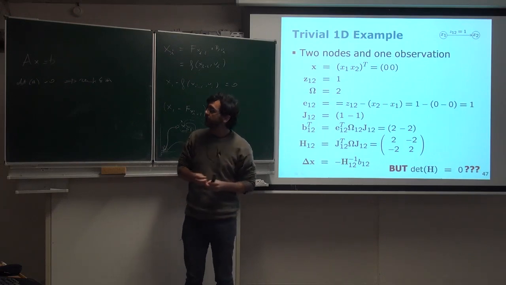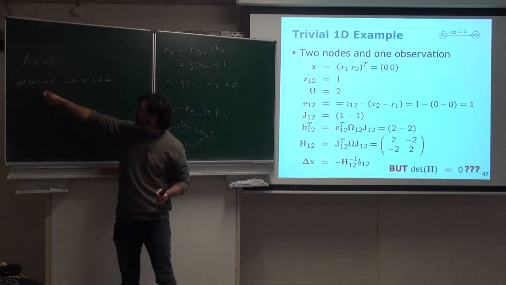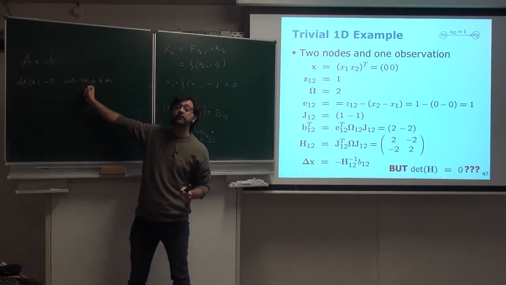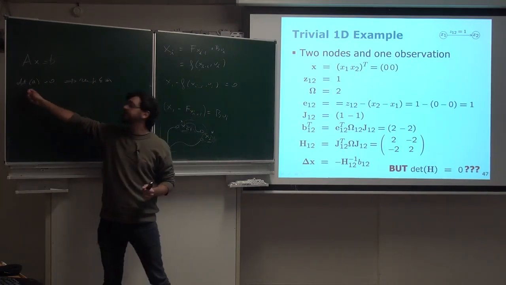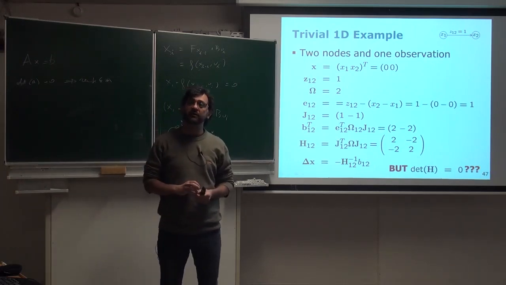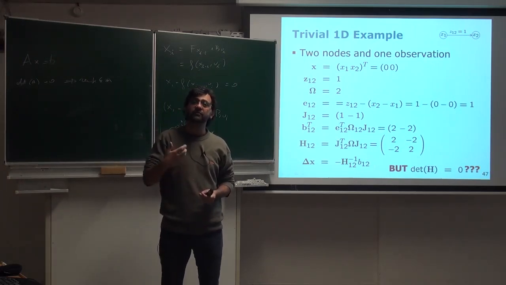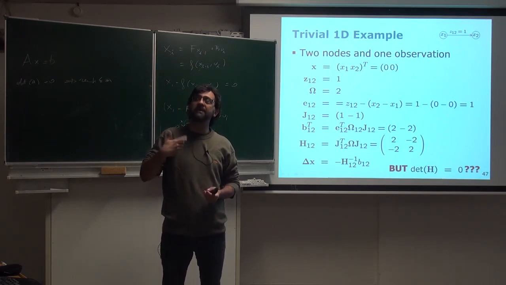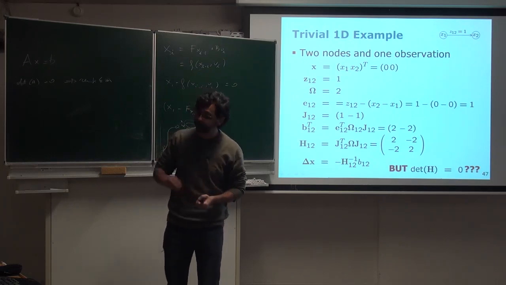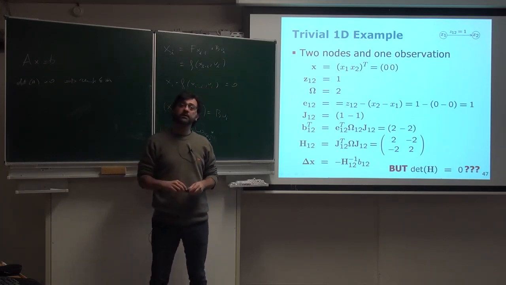So the only way to get a full rank matrix, so that the determinant is different than 0, is adding additional measurements or adding some information that tells us where the pose will be.